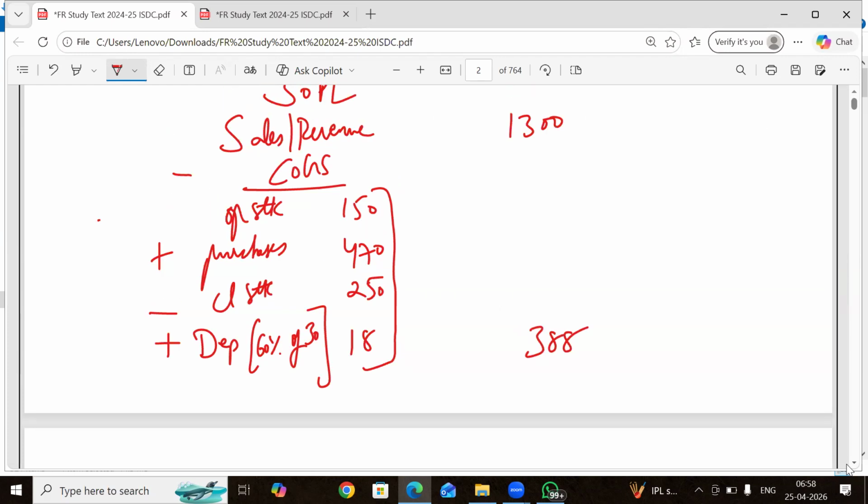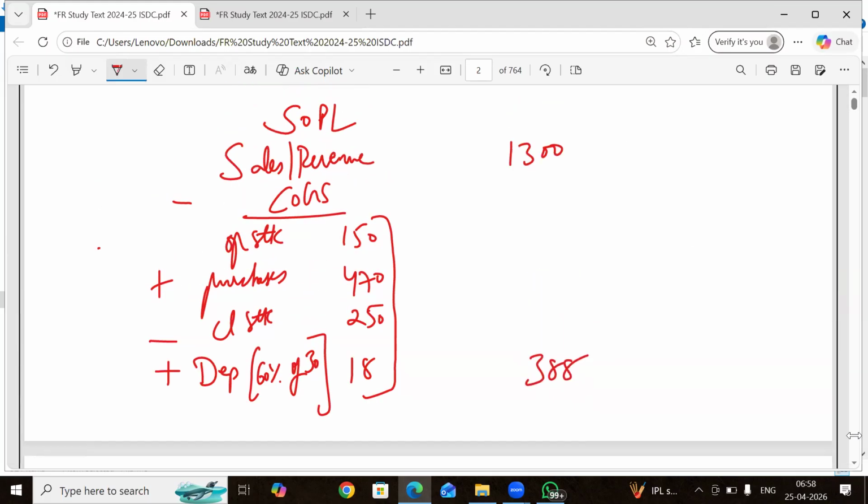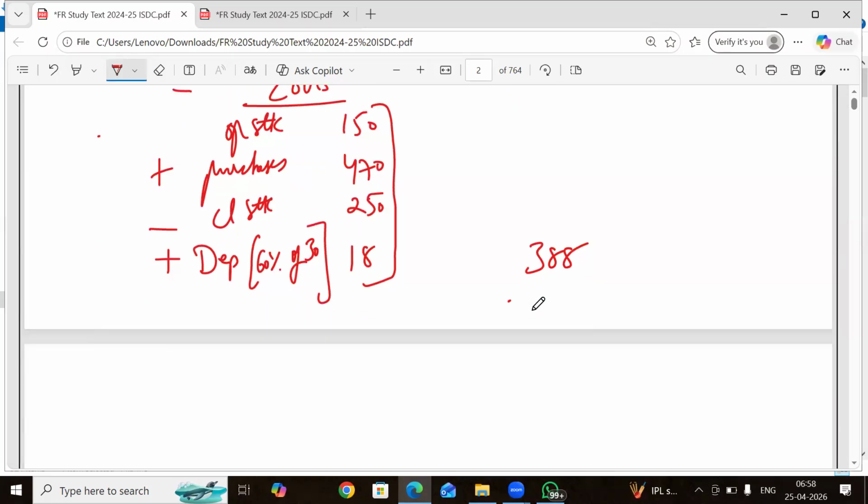This is my cost of sales. Now 1300 minus 388 is 912. That is my gross profit.